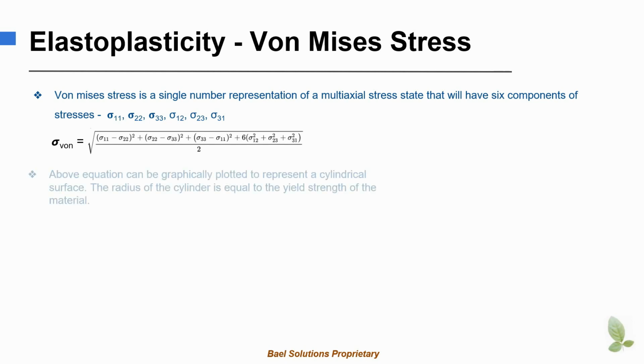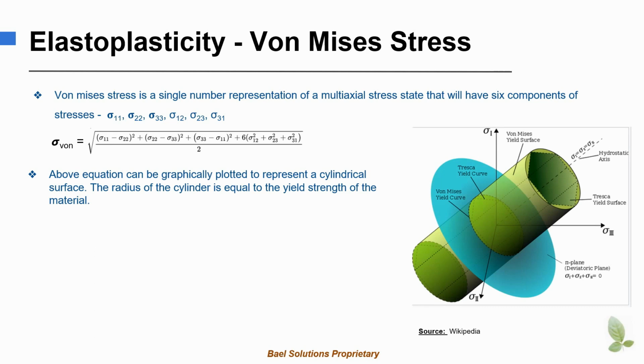This equation can be graphically represented using a cylindrical surface, as shown in the figure. The radius of this cylinder is equal to the yield strength of the material.